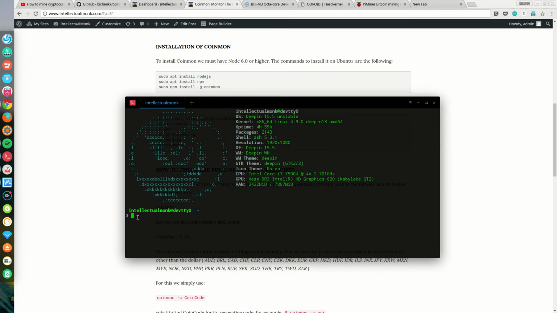So the first thing which is required is that you must have Node.js installed on your computer. So let's go ahead and install Node.js. So sudo apt install Node.js.